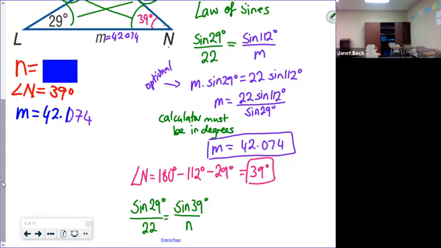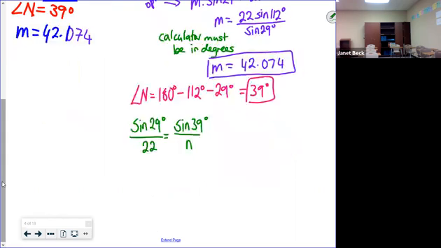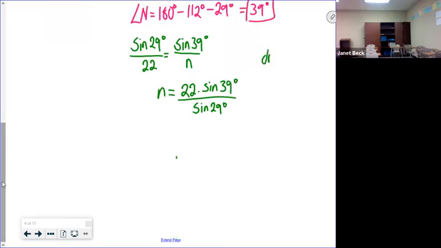Solve that for n by cross multiplying and dividing. You can take 2 lines if you want. I can do that in my head. But you should end up with this. I did that with cross multiplication and division, and I can do it in my head. If you need to actually take 2 lines of work to do that, then do the 2 lines of work.